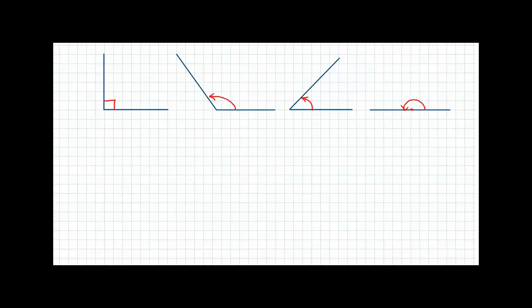We have different types of angles depending on the degree of their measurement. So we can classify an angle as a right angle if it is equal to 90 degrees.